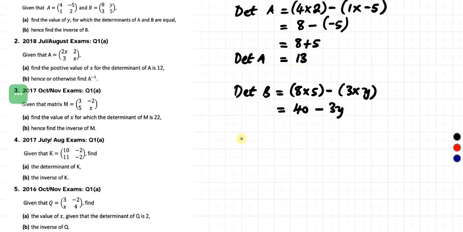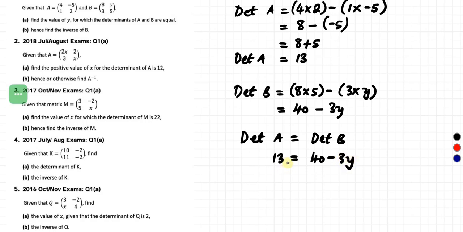So it means determinant of matrix A must be equal to the determinant of matrix B. That's what they mean there. So the determinant of matrix A is 13, is equal to the determinant of matrix B, which is 40 minus 3y.